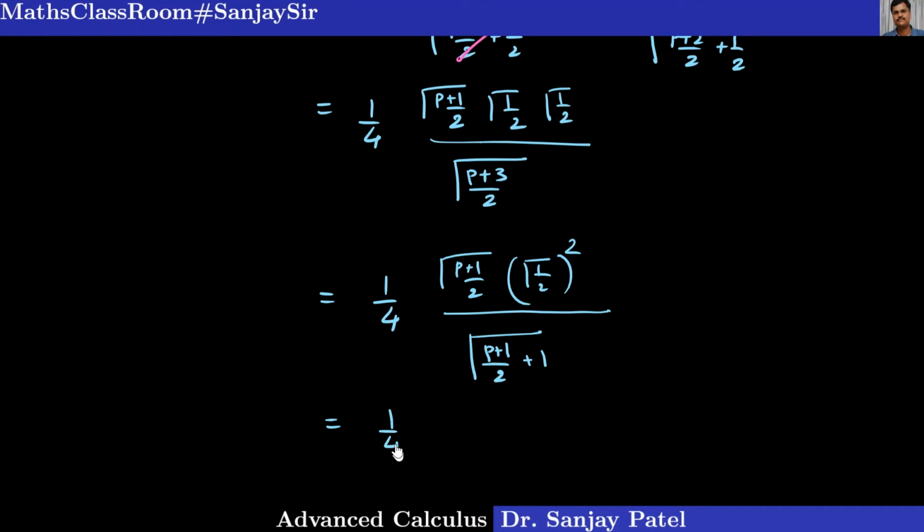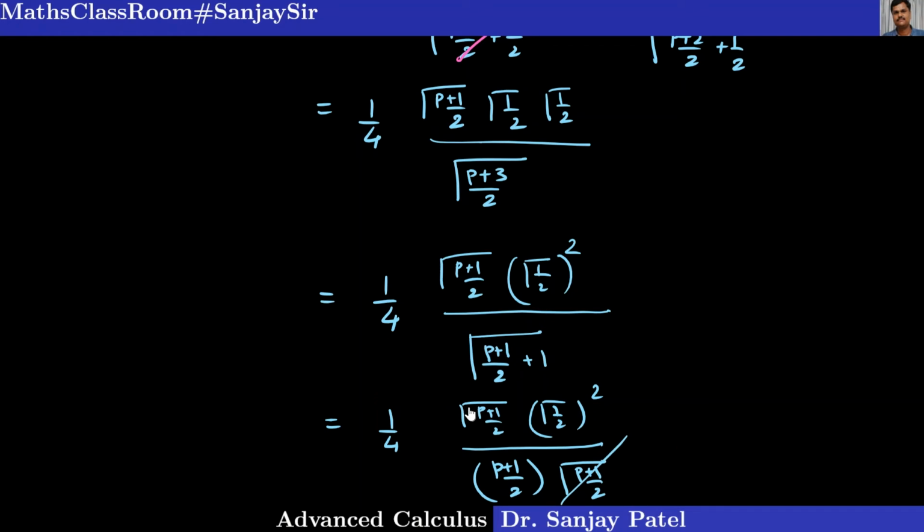So it is 1 by 4 gamma of p plus 1 by 2 gamma square upon, here I can use the result gamma n plus 1 is equal to n gamma n. So p plus 1 by 2 into gamma of p plus 1 by 2. Again these two will be cancelled.